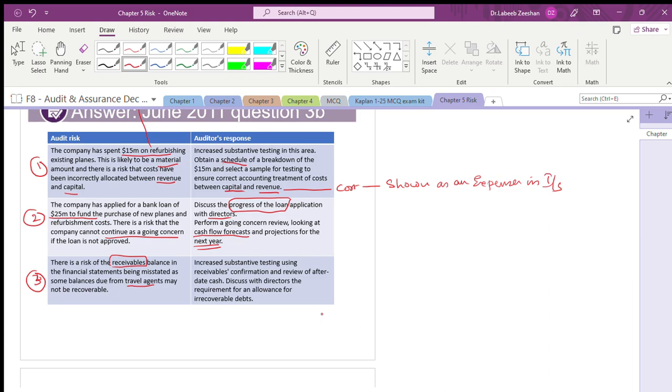Their concern is only to sell. What happens in future? That amount will never be recoverable. This is the audit risk. What you have to do? You have to get receivables confirmation. Underline this. Write down separately. It's a very important concept.